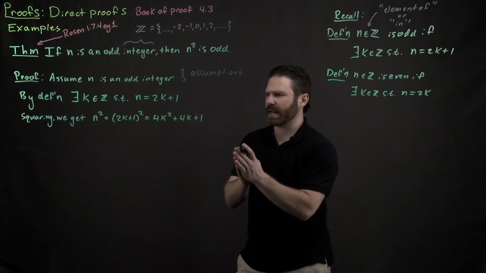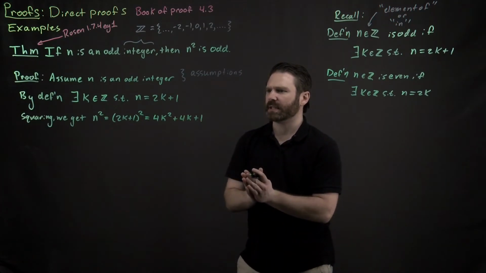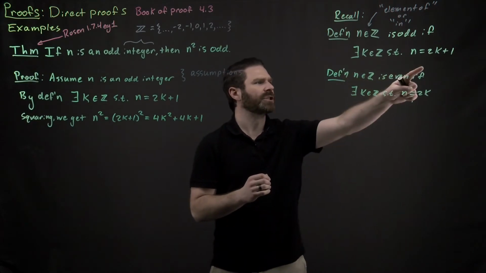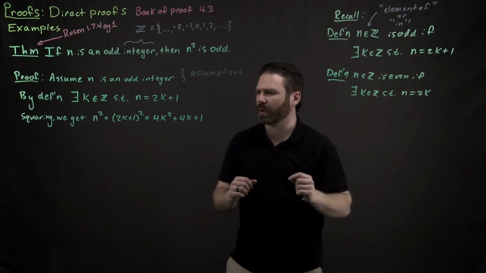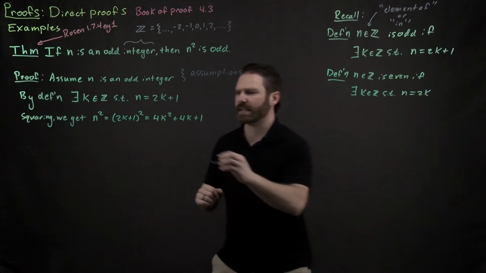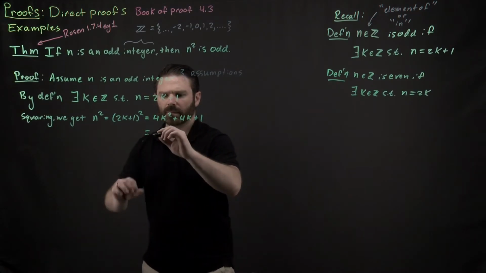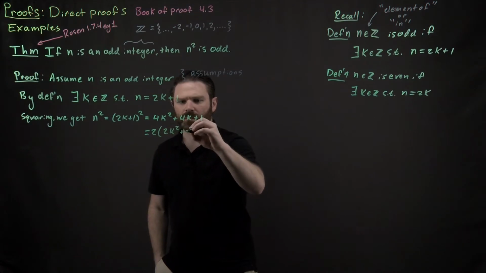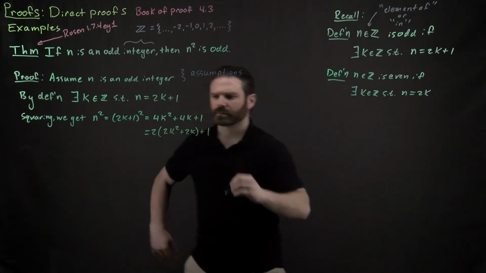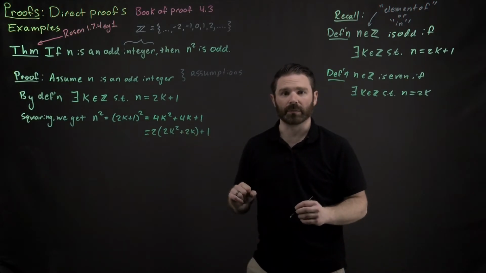Well, how is that going to help me? I'm trying to show that n squared is odd, and if I recall the definition of odd, I want to show that it's 2 times some other integer plus 1. So I can simplify this and write it as 2 times (2k squared plus 2k) plus 1.